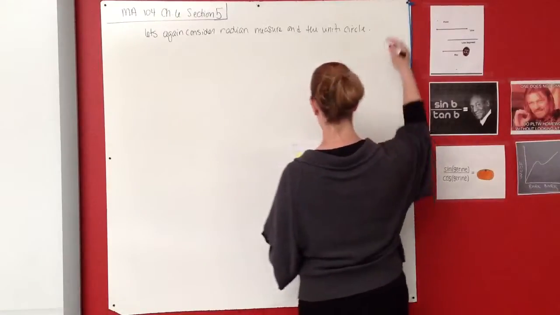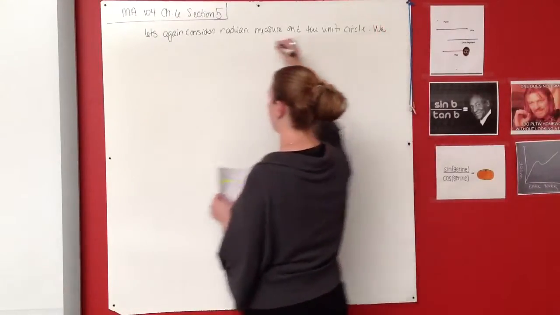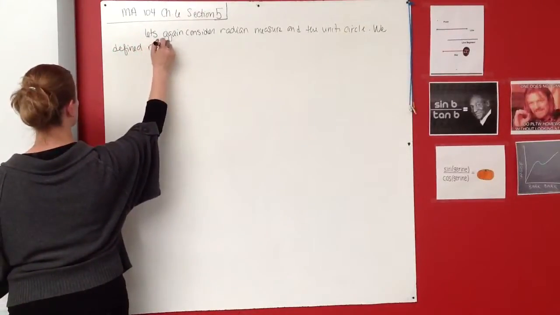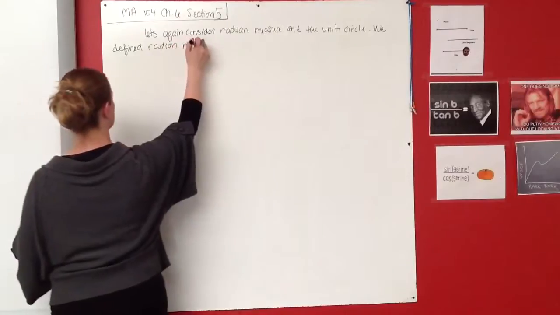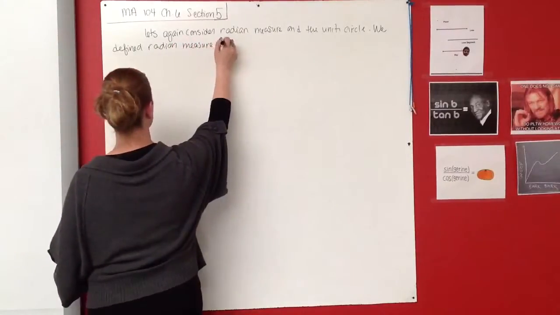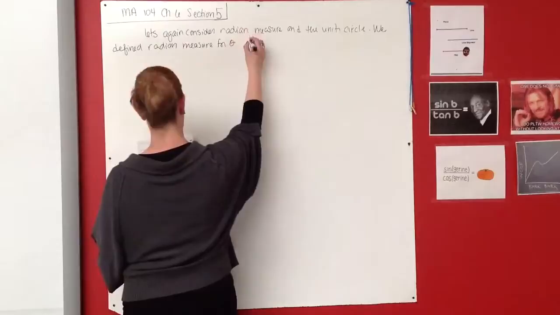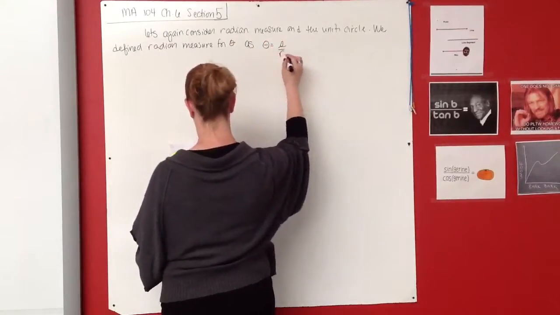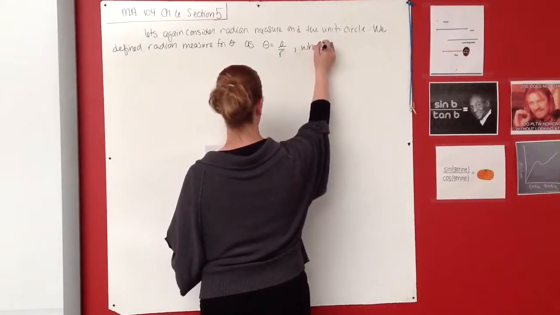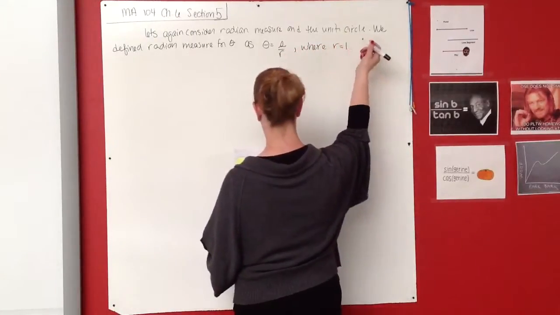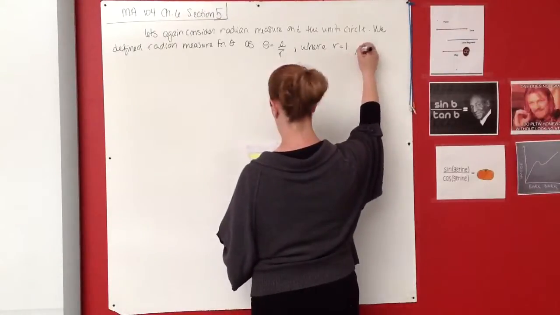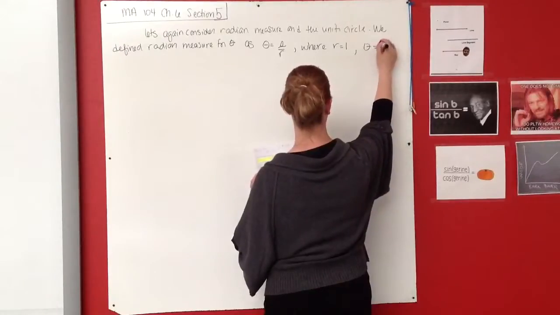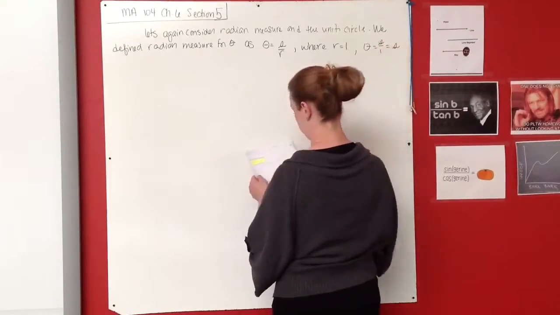We define radian measure for theta as theta equals S divided by R, where R is equal to 1 because the radius is 1 in a unit circle, and theta equals S over 1, or just S.